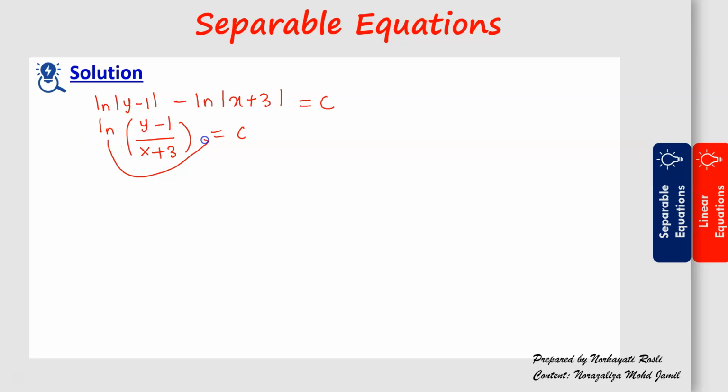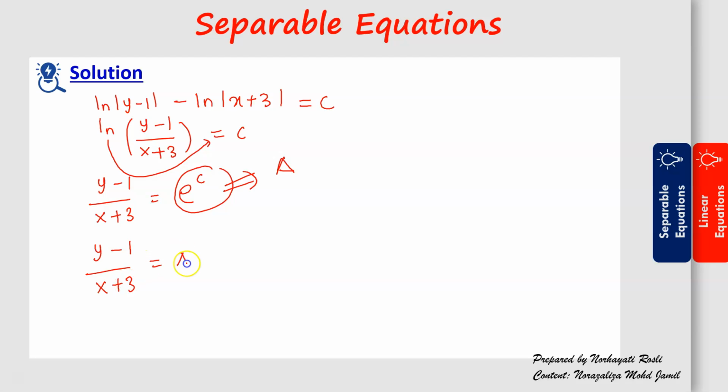This ln you need to move to this side. So you will have (y minus 1) over (x plus 3) equal to exponential of c. In this case, I can write this exponential of c as a constant a. So I will have (y minus 1) over (x plus 3) equal to a.